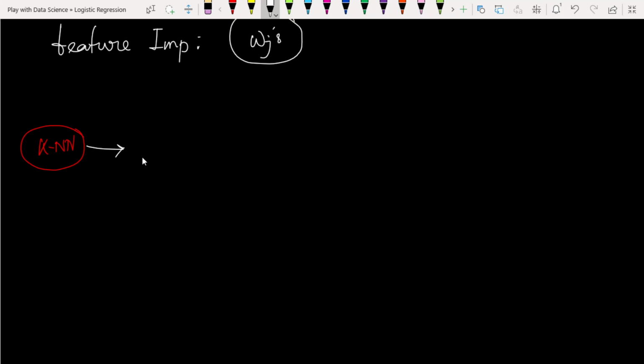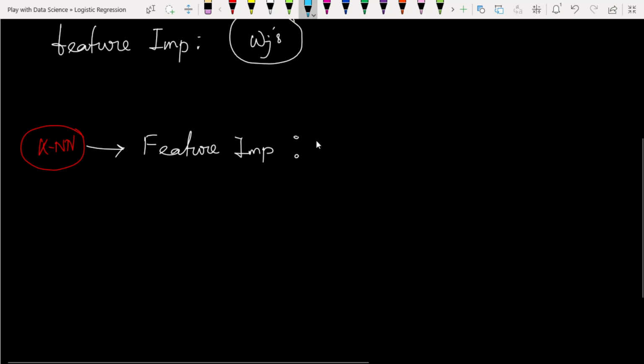So simply, in KNN feature importance we have used forward feature selection.